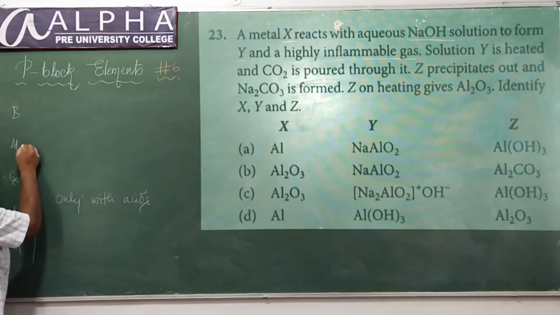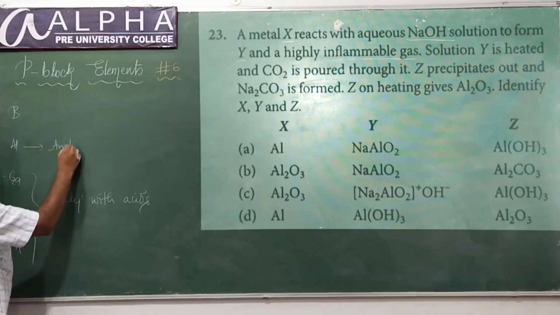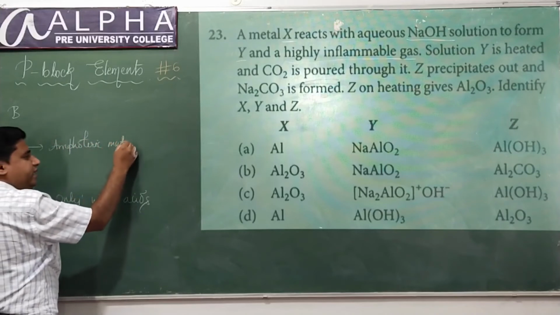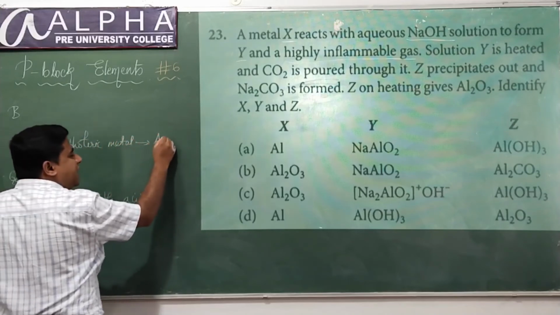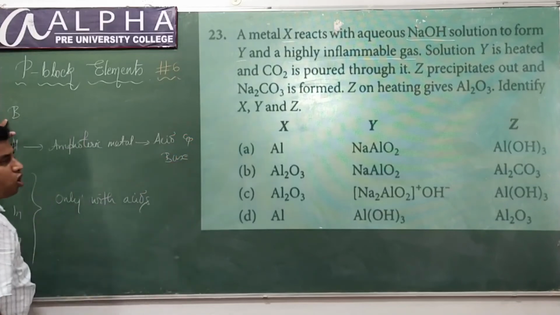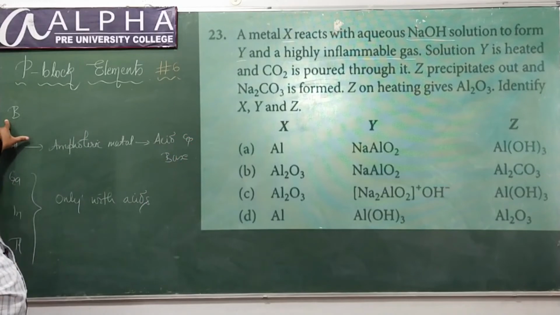Whereas aluminium is an amphoteric metal. It reacts both with acid as well as base. Whereas boron will not react with acid or base as such, but acids will oxidize boron, but not base.